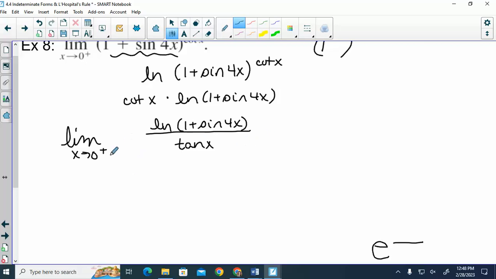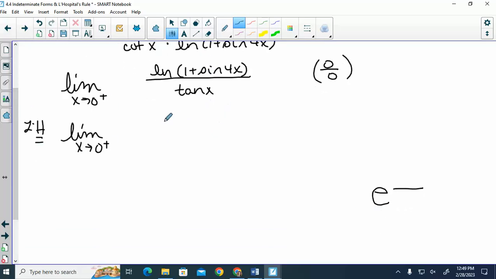So let's look at what we have right now. If I put in a 0, we get the natural log of 1, which is 0, over tangent of 0, which is 0. So 0 over 0 means we can use L'Hopital's. What's the derivative of a natural log? 1 over the argument.